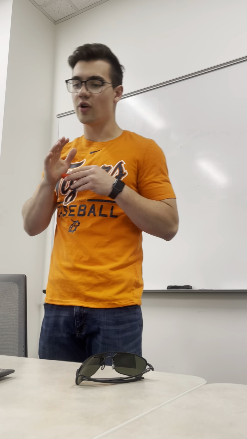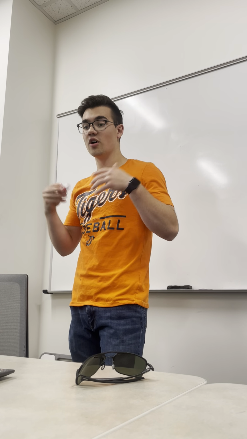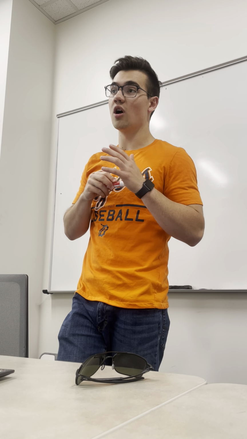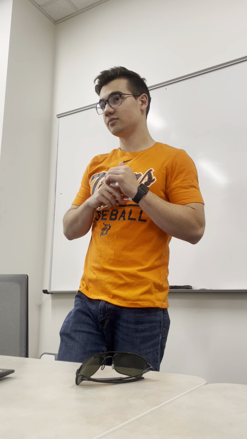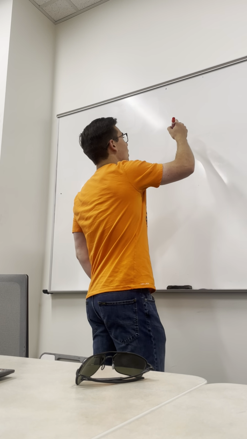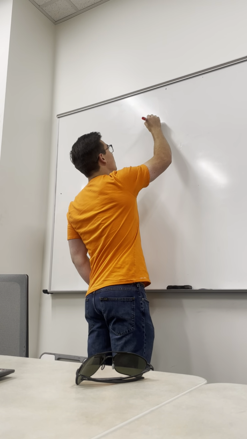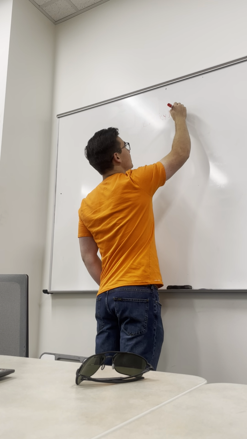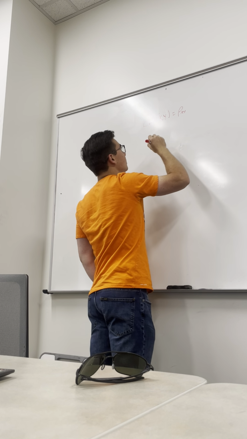It says, if x and y are random variables with a correlation of rho xy, then the correlation of 2x and y is equal to 2 rho xy. So correlation of x and y equals rho xy.